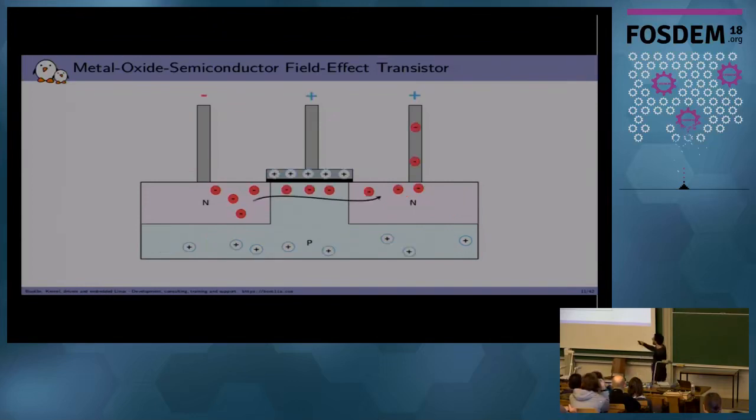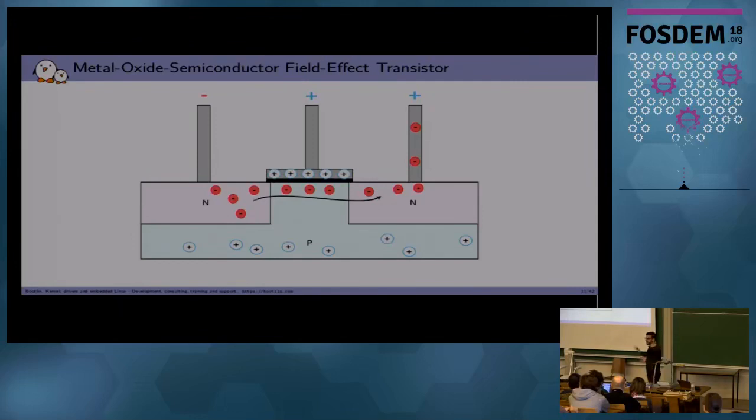If you also apply a plus voltage on the gate, you will have positive charges here on the gate that will attract electrons and create a small channel, so electrons could go from one n side to the other one, and this creates a current. So this is the basic of transistor.